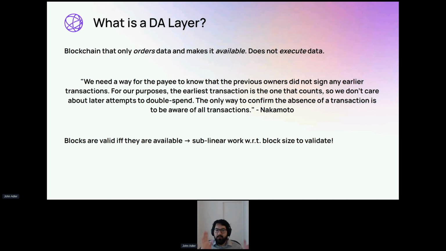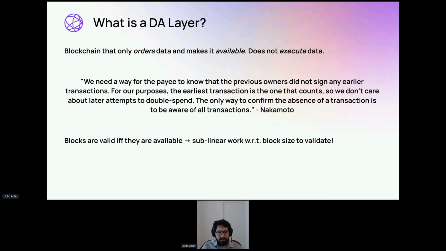Okay, we know what data availability is. What is a data availability layer? It's a blockchain that only orders data and makes it available. It does not execute this data. And for how this works intuitively, we actually go back to the original Bitcoin design paper by Satoshi Nakamoto, where he says right here, in the first page, I think, maybe the second page, very early on in the paper, he describes how to solve the double spending problem, which is, we need a way for the payee to know that the previous owners did not sign any earlier transactions.